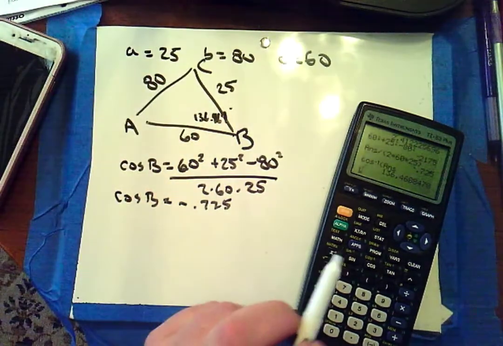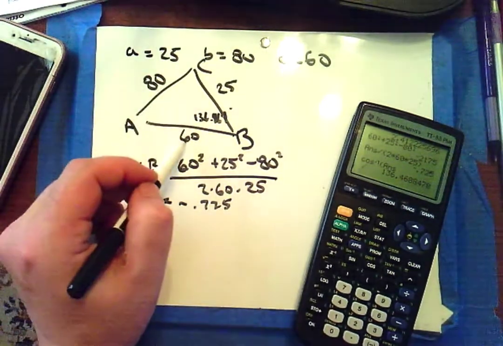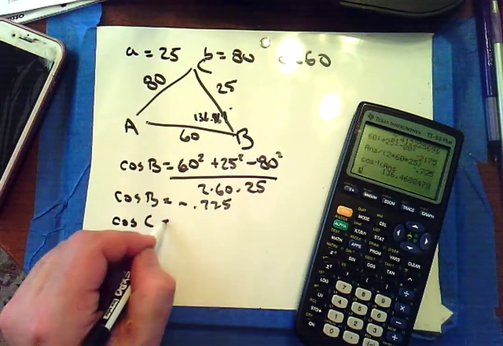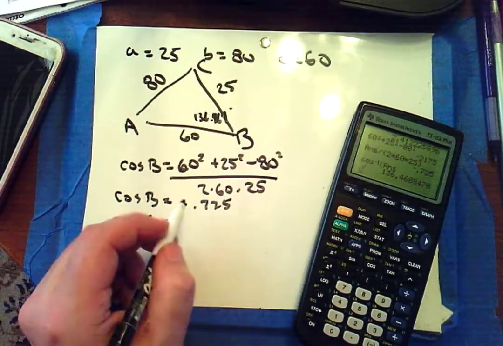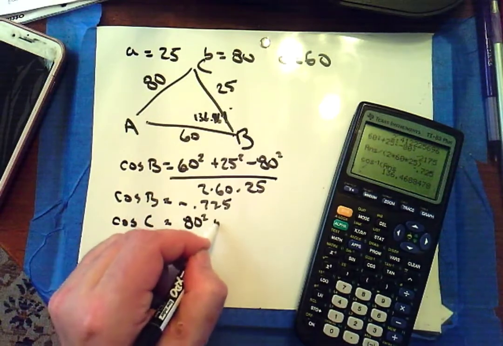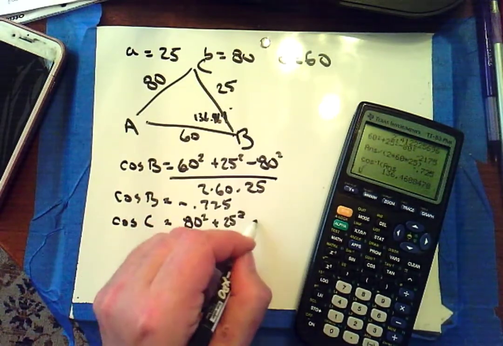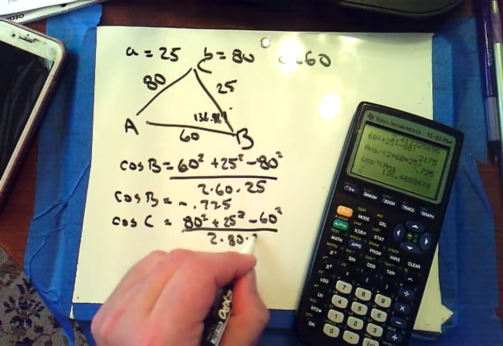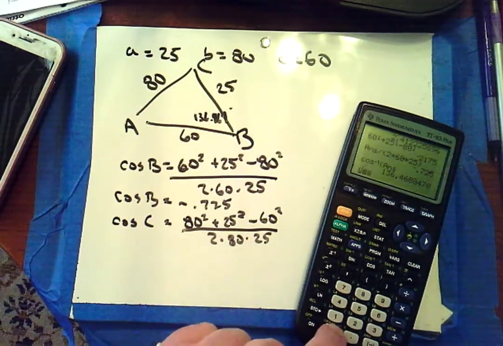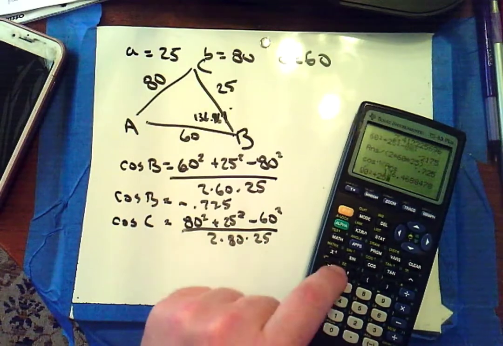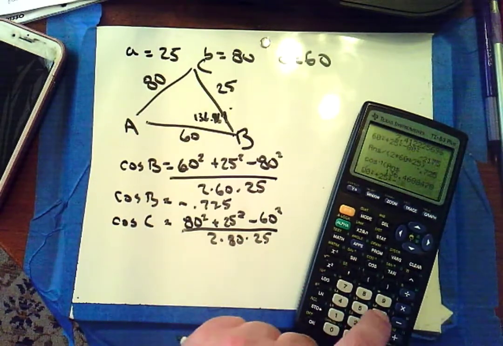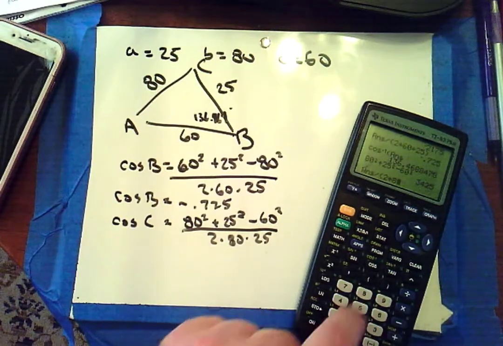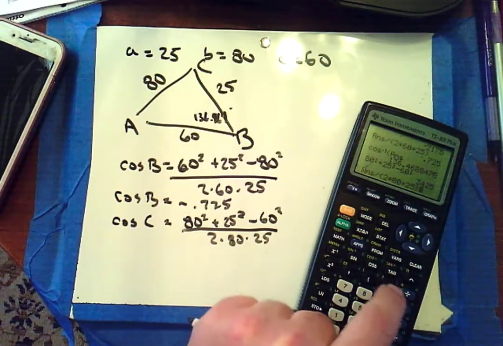136.469 degrees. Okay, and how about we find c? Cosine of c equals 80 squared plus 25 squared minus 60 squared over 2 times 80 times 25. 80 squared plus 25 squared minus 60 squared divided by 2 times 80 times 25.